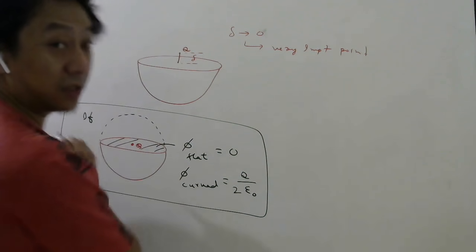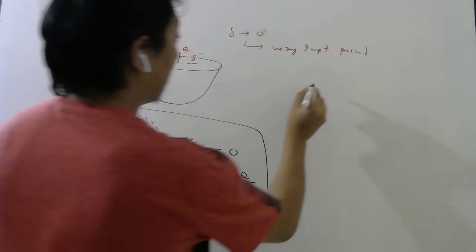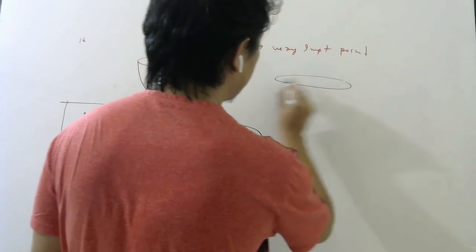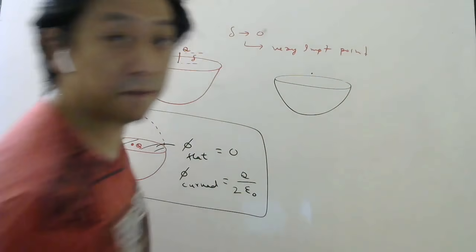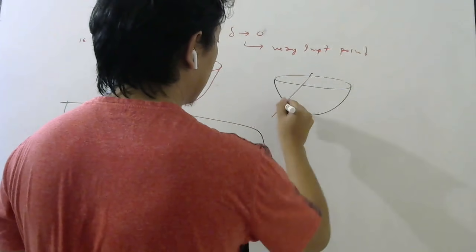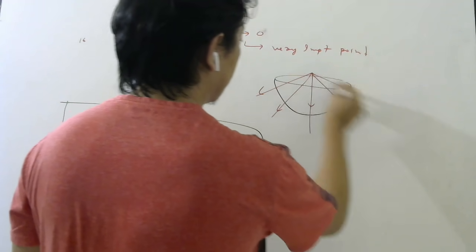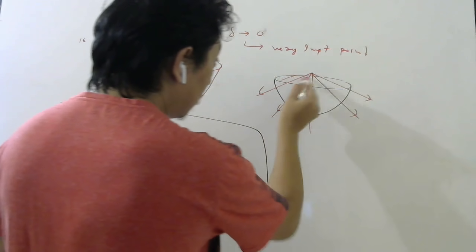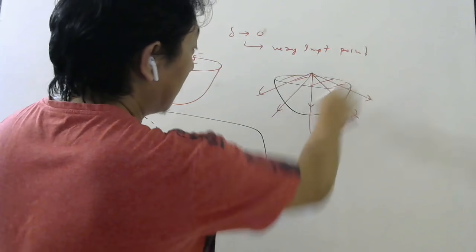But the charge in the question is slightly above. If I draw it separately, the charge is kept slightly above. So if you draw electric field lines, you can see it will look like this. Yes or no, students? So if you look at the flat surface, the lines are entering, and here the lines are coming out.